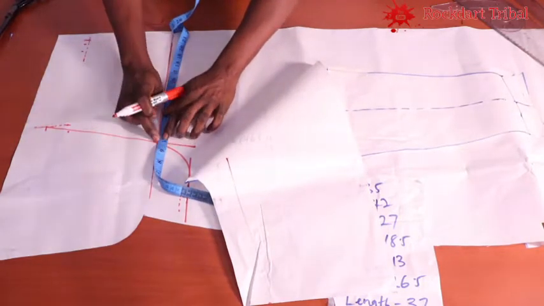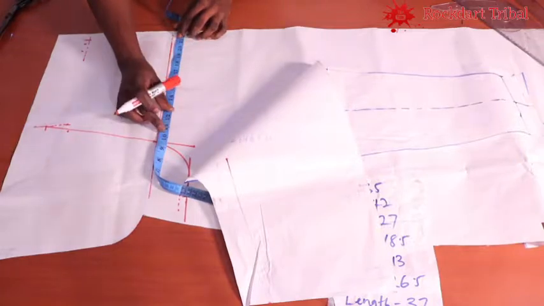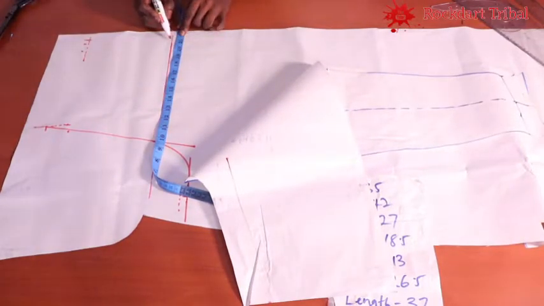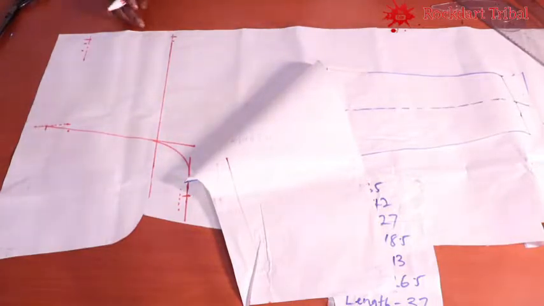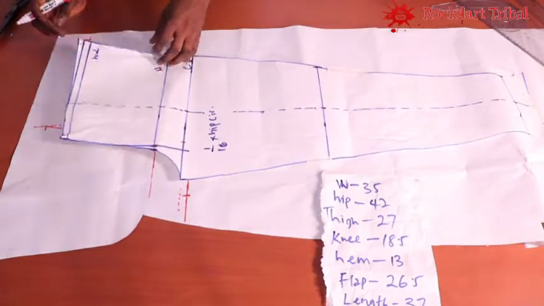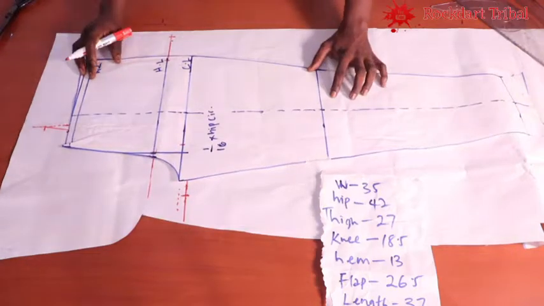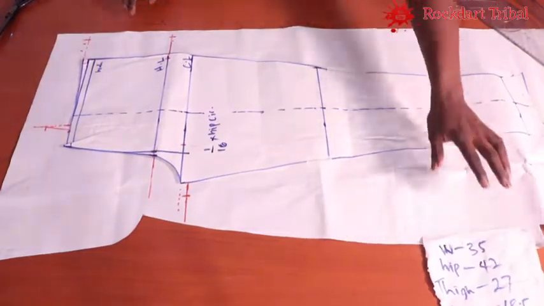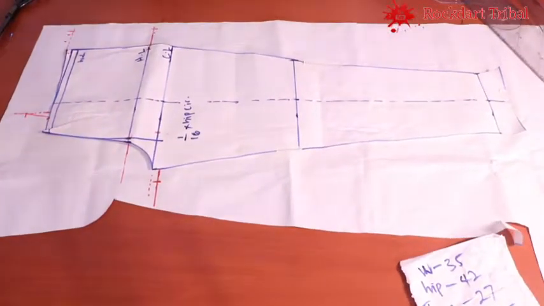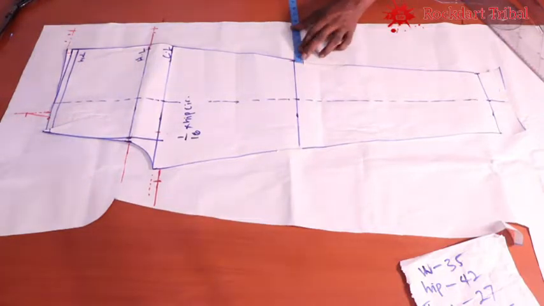So you can see how I'm placing that 9.75 at the back pattern. Half of our hip will be 21. So I'm marking 21.5 inch sewing allowance for the side seam. Don't worry, we'll see how we'll do the allowance on the inseam at the back part.